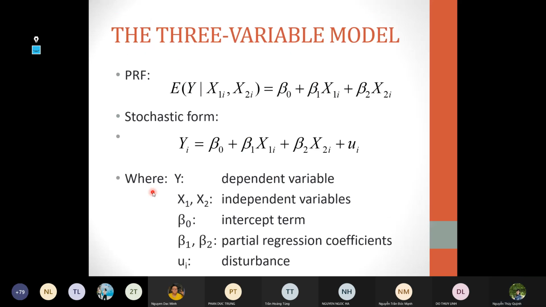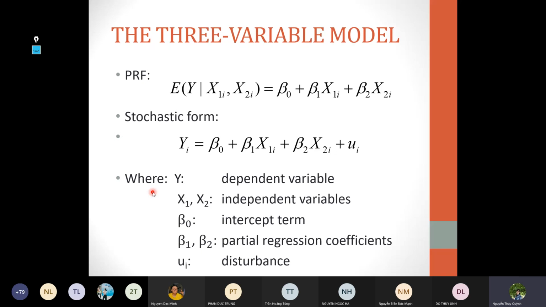Yes, we can see that all the parameters have the power of 1, so it is a linear regression model. Because it is a linear regression model, we can still use the OLS estimation method to estimate this model.